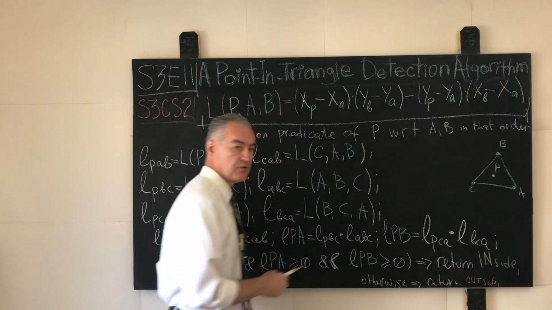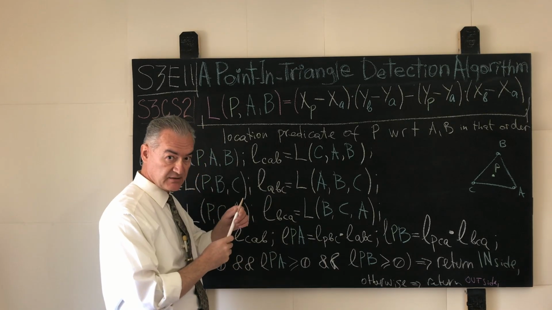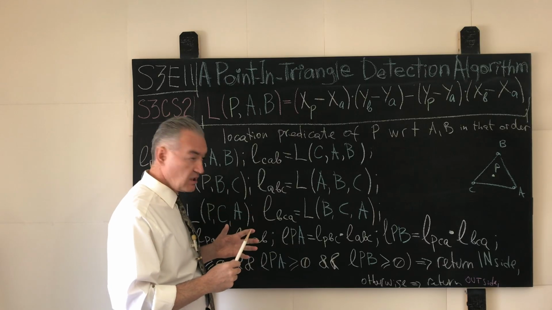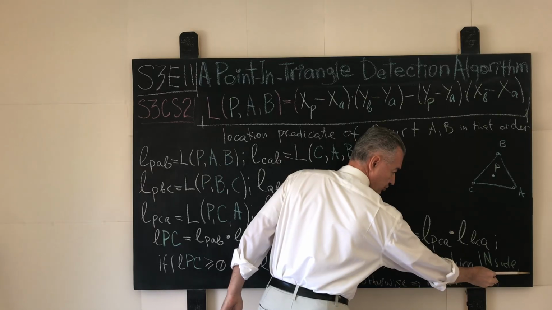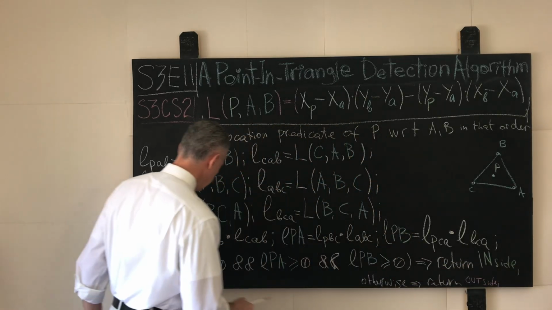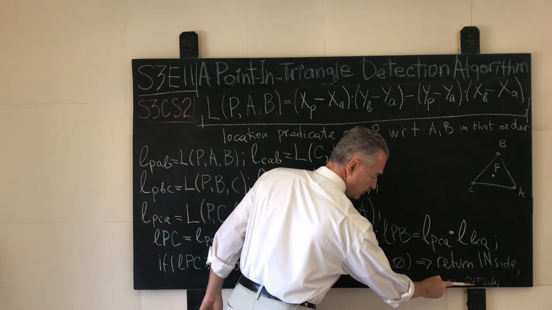In other words, our location predicates of each pair of points with respect to the corresponding side all agree on the sign. That means that the sample point P is inside. Return inside. Otherwise, if this compound if statement fails, return outside.